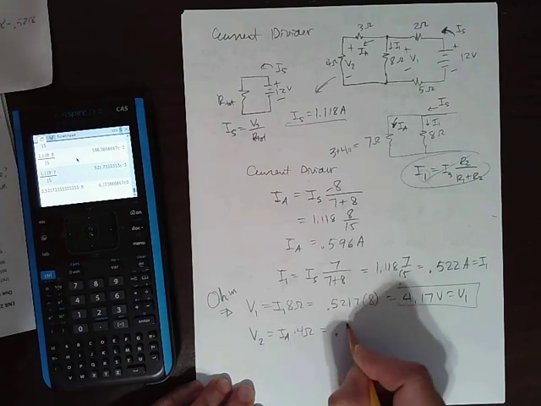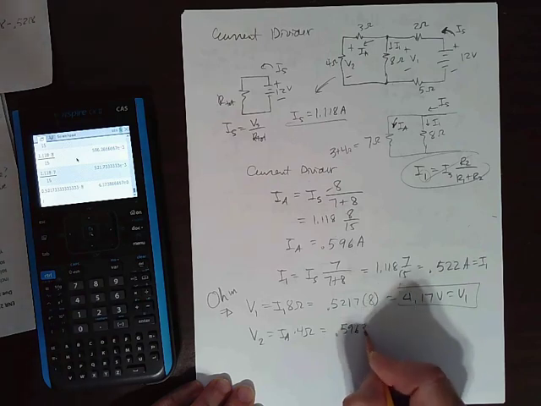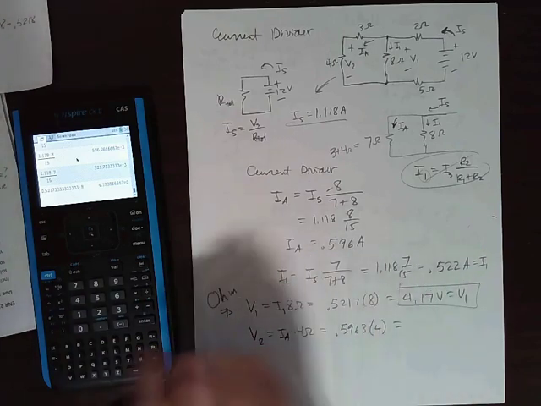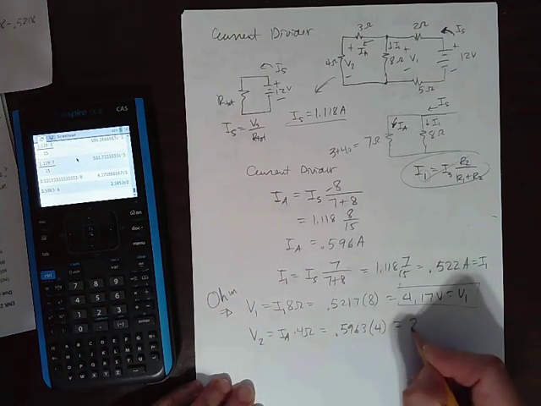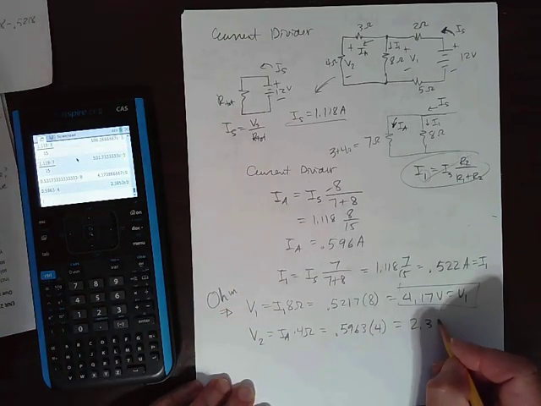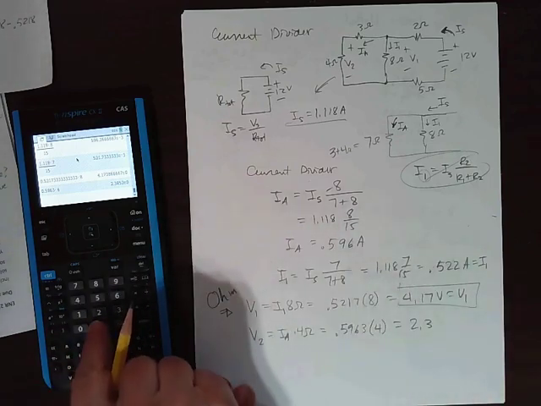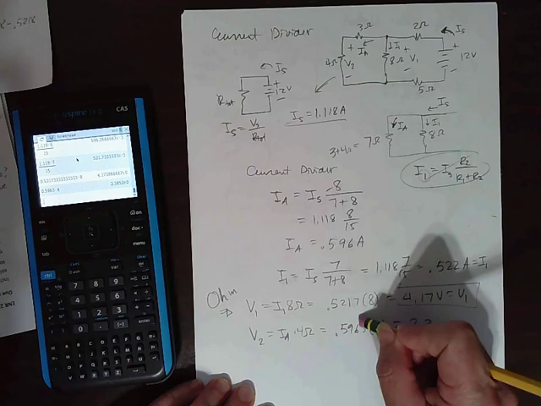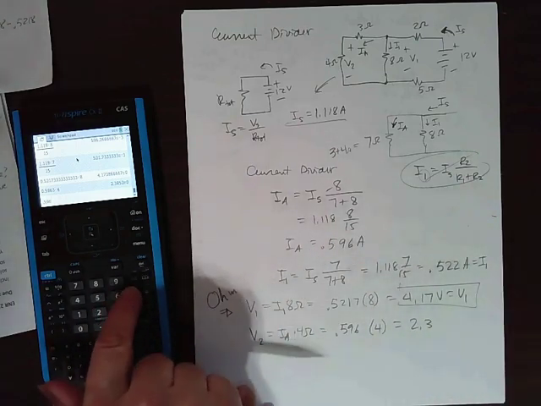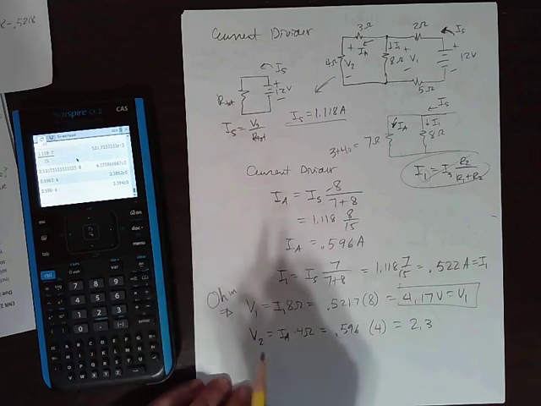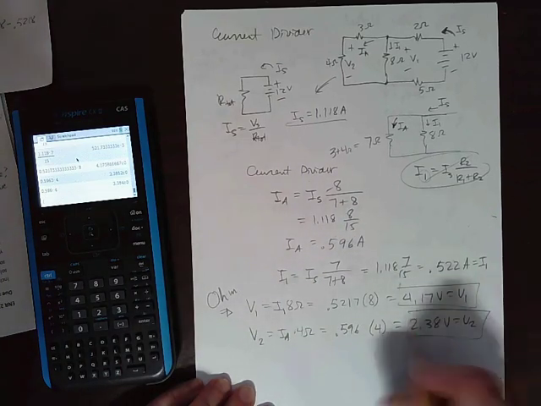So IA, 0.5963 times 4 ohms, 2.39 is what comes out. Maybe I shouldn't have kept that extra sig fig. Just go back. 0.596 times 4. I like it better. 2.38 volts is V2, which is the number we've been getting.